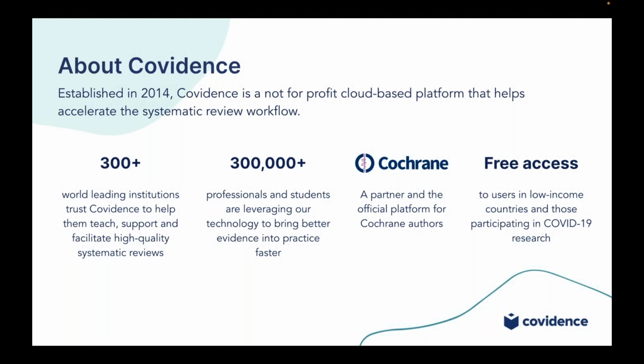Covidence is a not-for-profit organisation that was created by and for the research community and is designed to streamline the review process, from title and abstract screening all the way through to data extraction and risk of bias assessment. The platform allows review teams to significantly reduce the amount of time that you spend on reviews, and that means that you can produce high quality evidence faster.